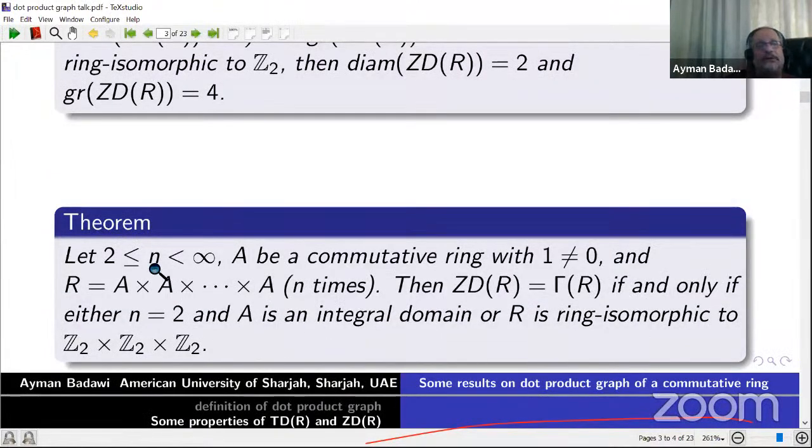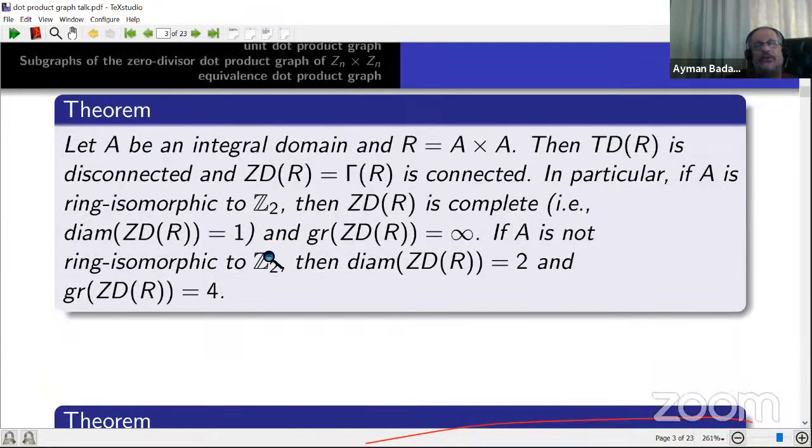The second result about that, of course, here I skipped something because all of you should be familiar with what we mean by girth and diameter. Girth is the length of the shortest cycle in the graph. And what we mean by length: length means the minimum number of edges we use in order to form a cycle.